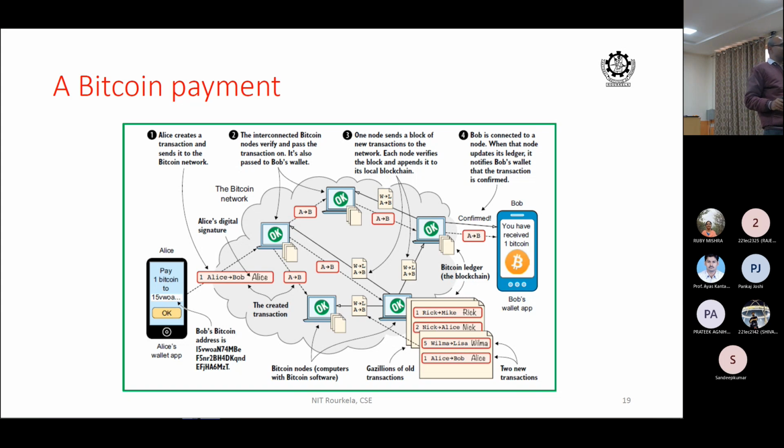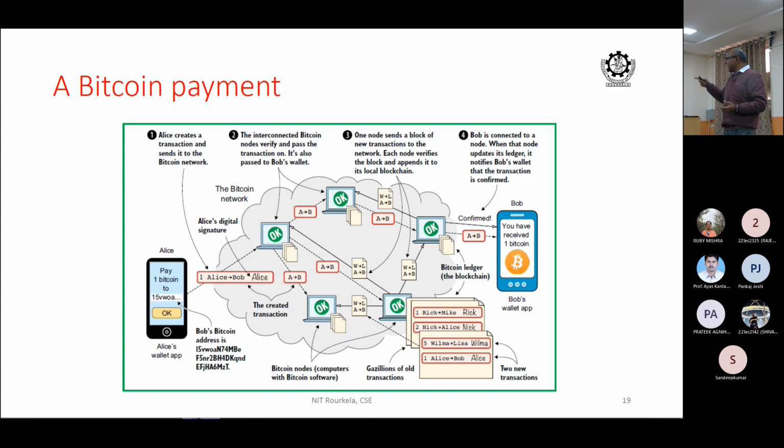Now the question is whether the transaction is committed or not. Bob has received the information that Alice has sent the money to him. Absolutely fine. But is the money actually recorded in the chain? If the money is not recorded in the chain, then Alice can spend the same money again. That's double spending. So there are miners working on the side.